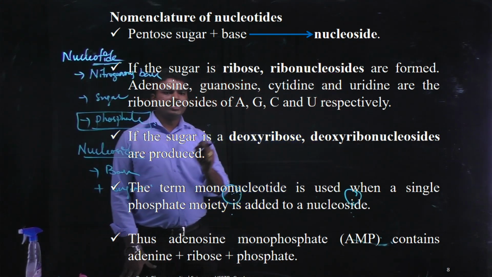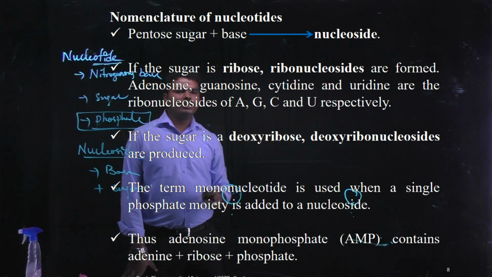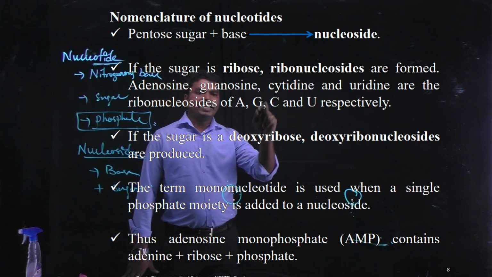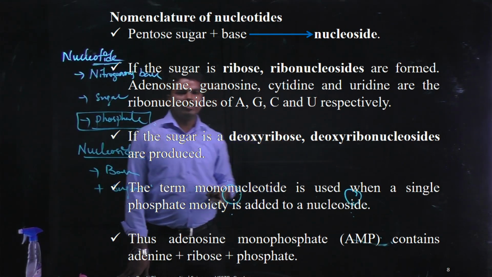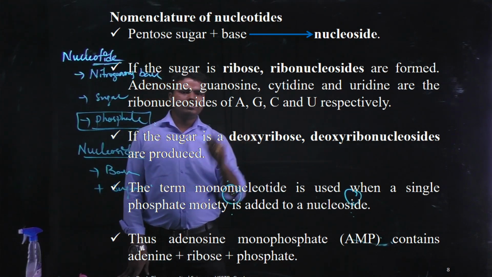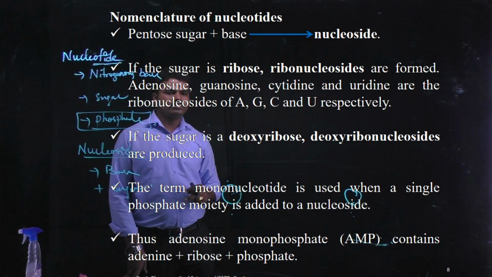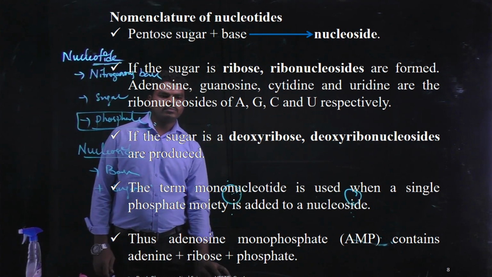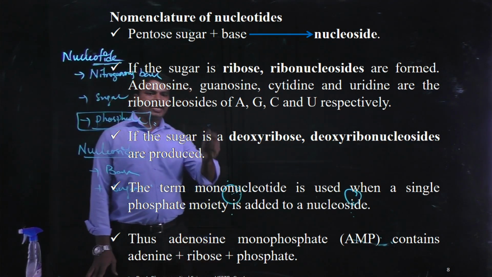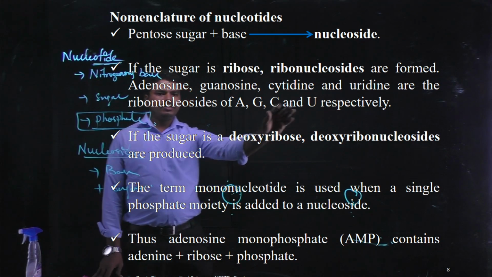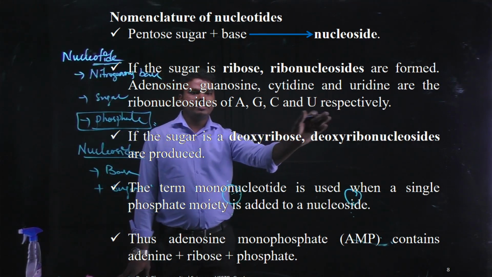Adenosine, guanosine, cytidine and uridine are the ribonucleosides of adenine, guanine, cytosine and uracil.